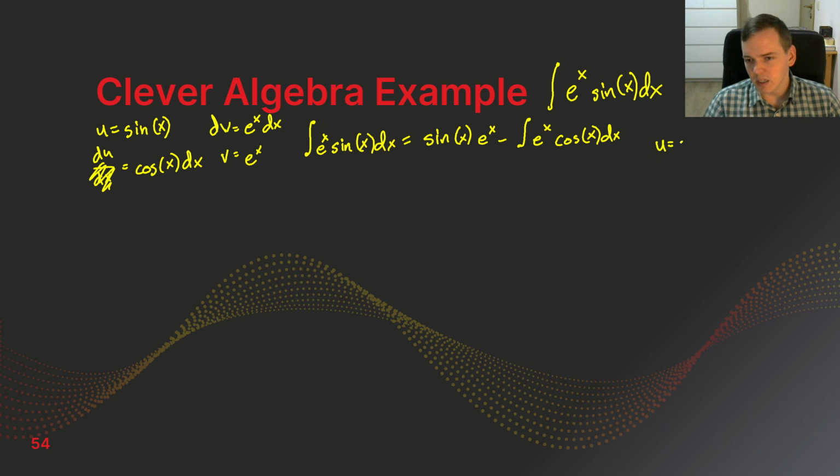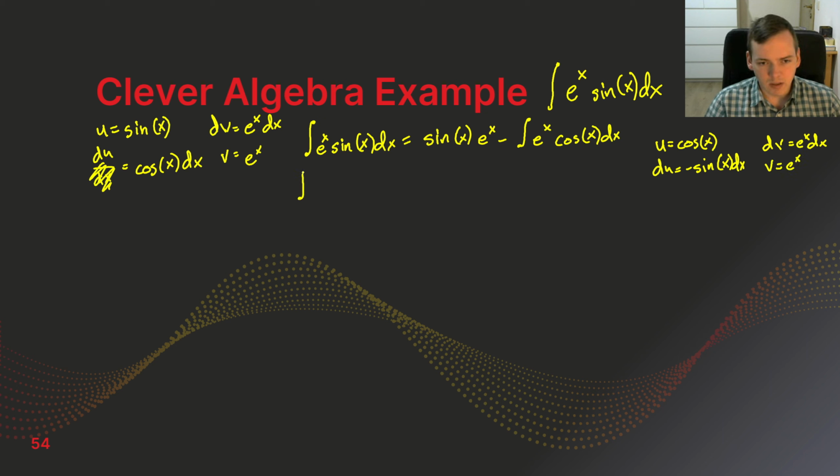This time I'll say u is cosine of x, so du will equal negative sine of x dx. dv will equal e to the x dx, so v is e to the x.